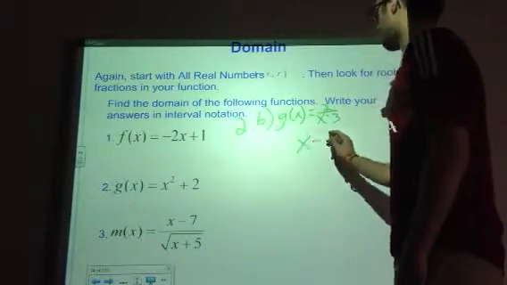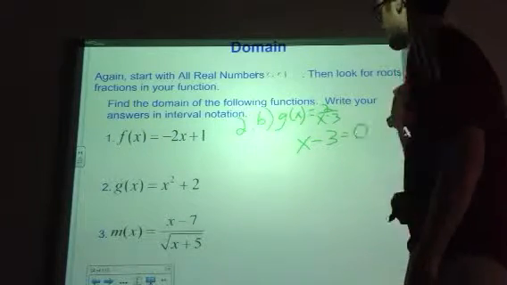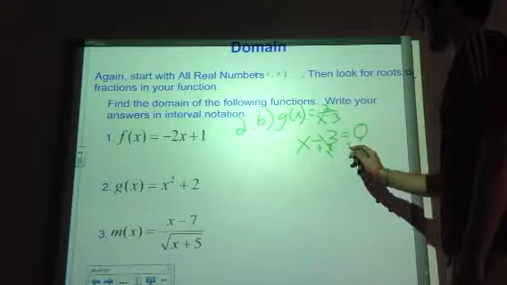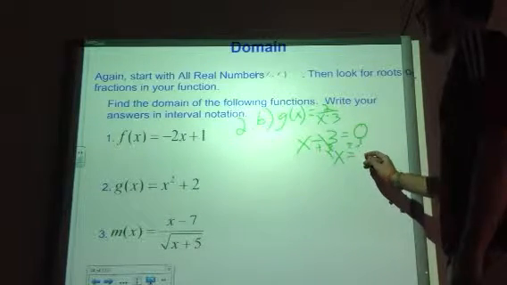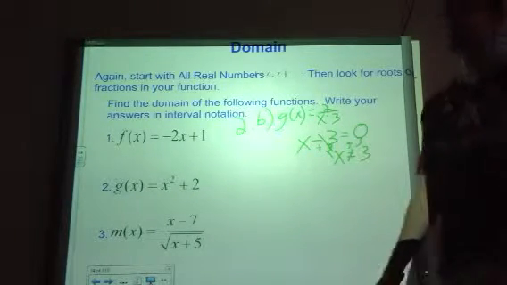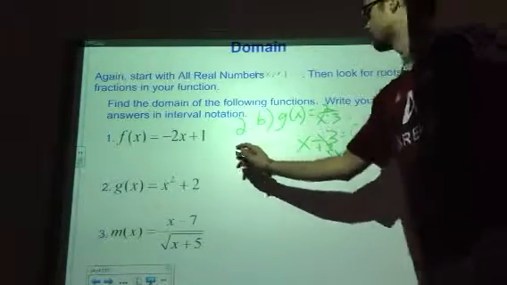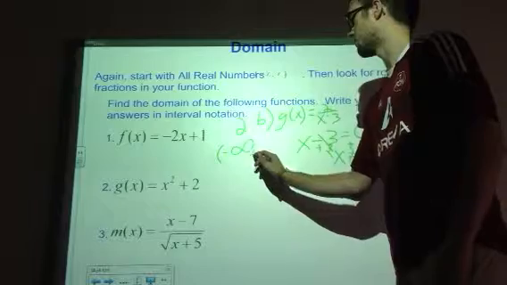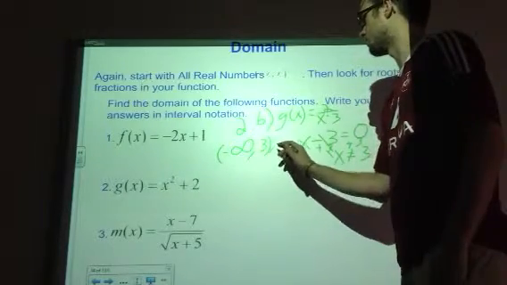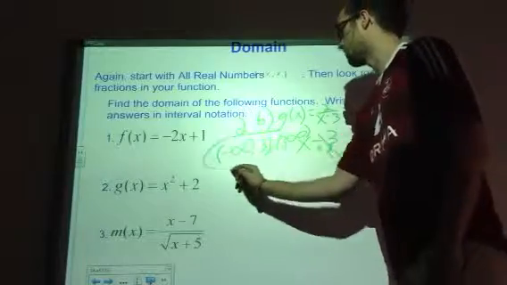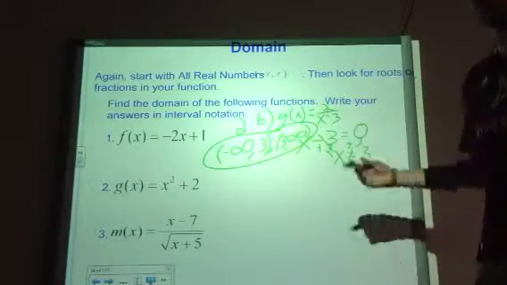So we don't want to include x's that make the denominator equal to 0. If we solve that out, when x is 3, it makes the denominator equal to 0. So we don't want to include 3. What that looks like in interval notation is: we want everything from negative infinity up to 3, not including 3, and we want everything from 3 to infinity, not including 3. So we want everything besides 3.